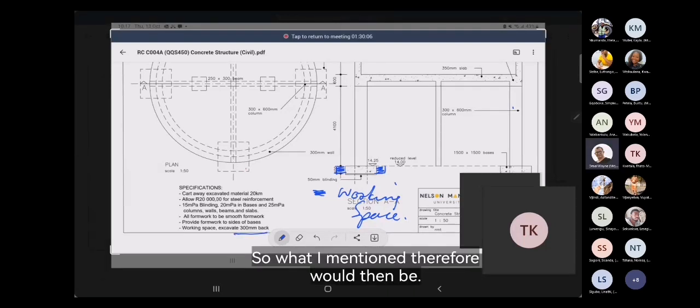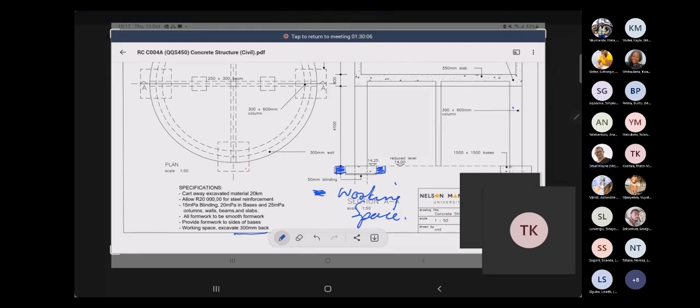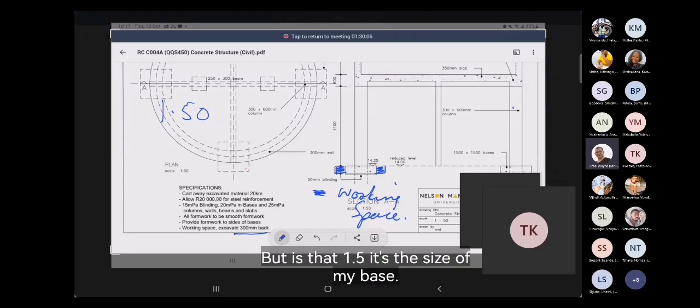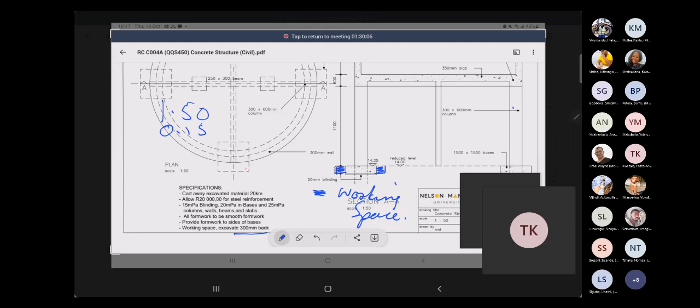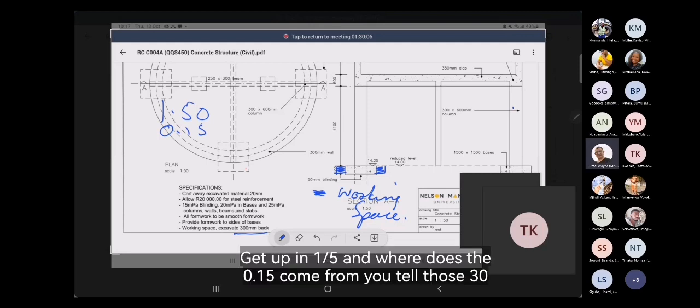So my dimension, therefore, would then be 1.5. What is that? 1.5. It's the size of my base. 0.15. And where does the 0.15 come from?